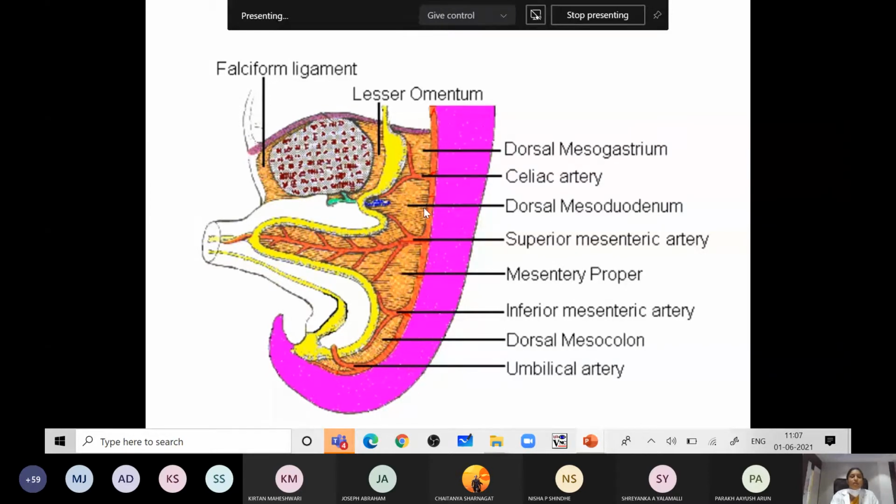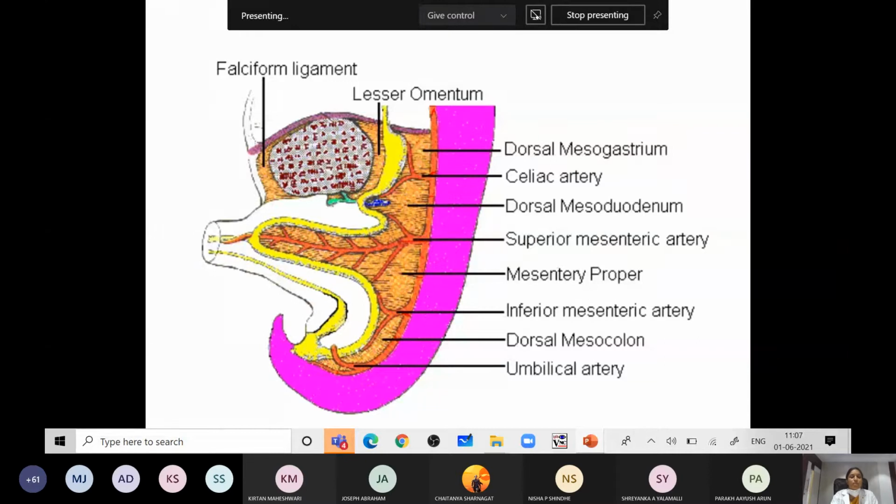Clear? Now here this dorsal aorta, actually they both will fuse and they will give rise to a single artery that is going to be your abdominal aorta. Clear? That will give rise to the celiac trunk, which is the artery of the foregut, the superior mesenteric artery of the midgut, and here you can see the inferior mesenteric artery, which is the artery of the hindgut.